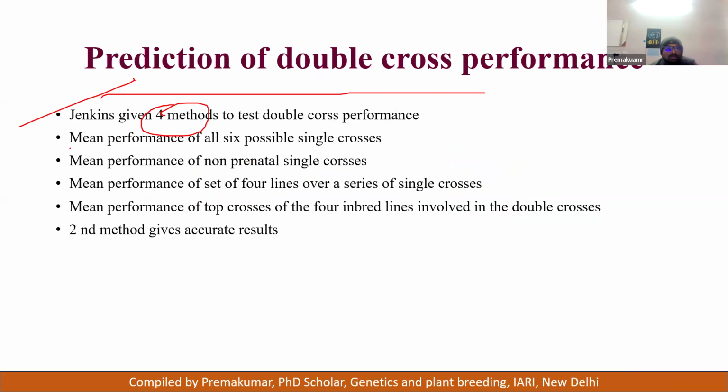First, instead of taking all possible cross combinations, you select all six possible single crosses.